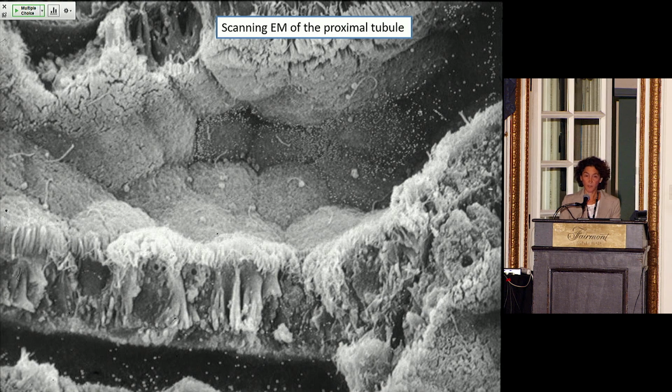Okay, so here's the proximal tubule, and I just love looking at this picture because you can see in it that each cell has a primary cilia, which I'm sure you'll be hearing about a little more when you think about polycystic kidney disease. And so you can see those here, these little cilia sticking out. And then cut here, you can see the brush border of the very increased surface area from the villi.